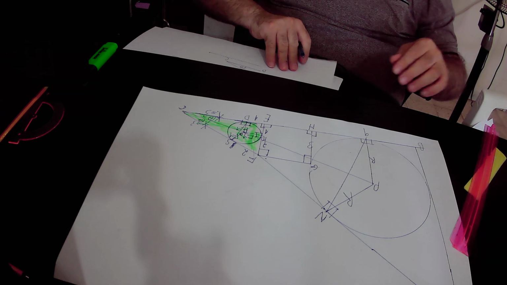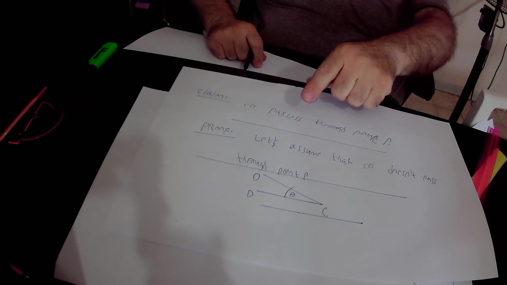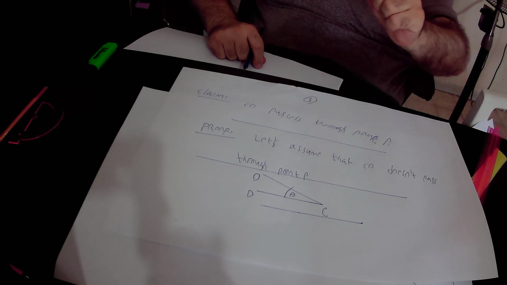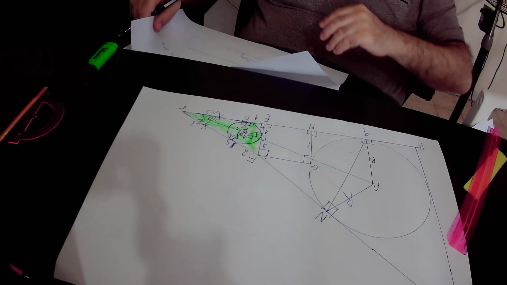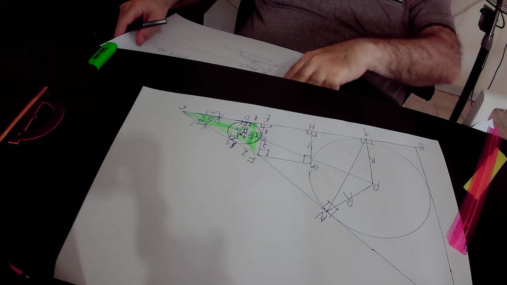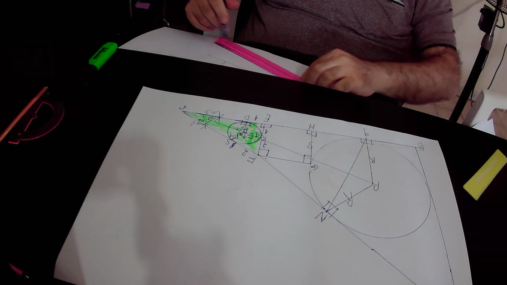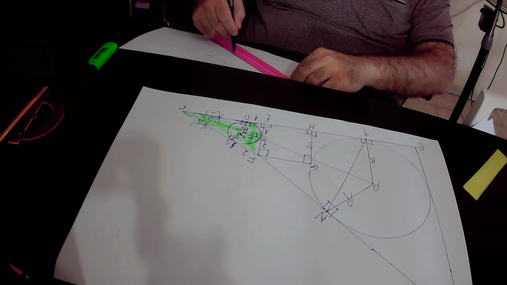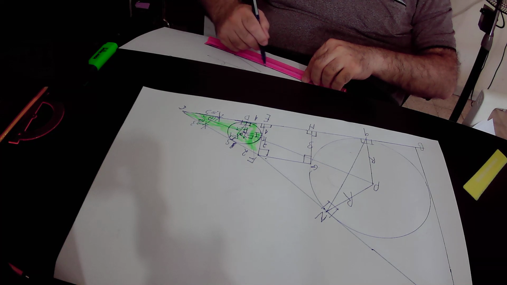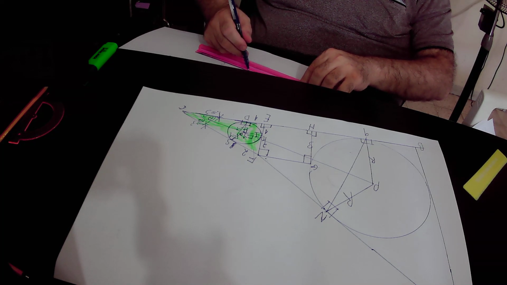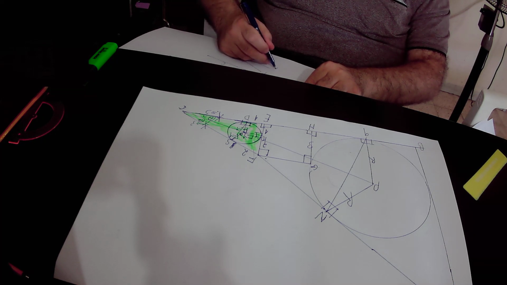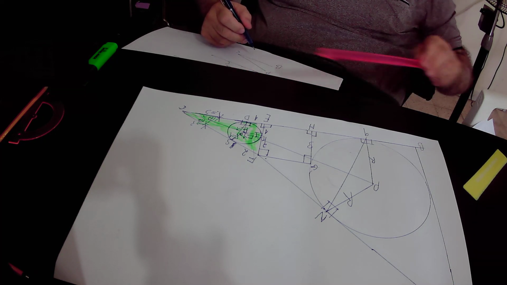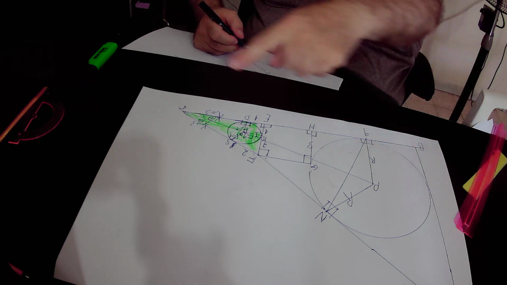I repeat again, according to what we already found out, angle DCO equals theta, while this angle PCB, what is the size of angle PCB?